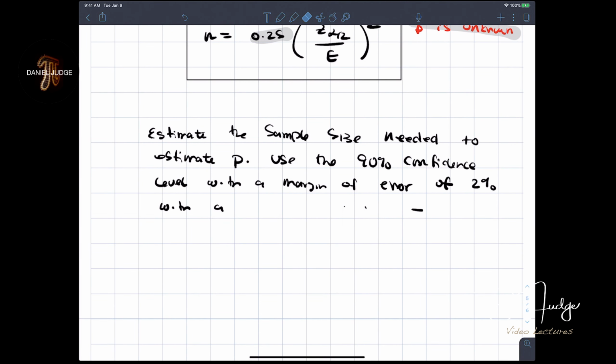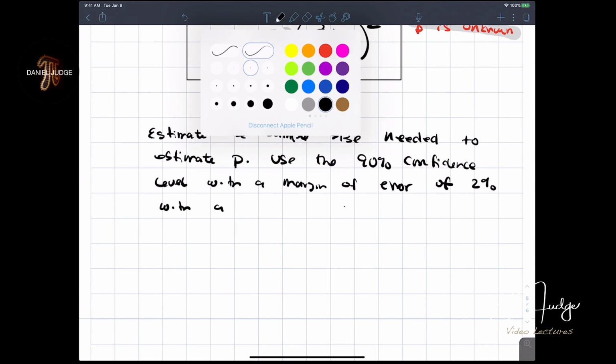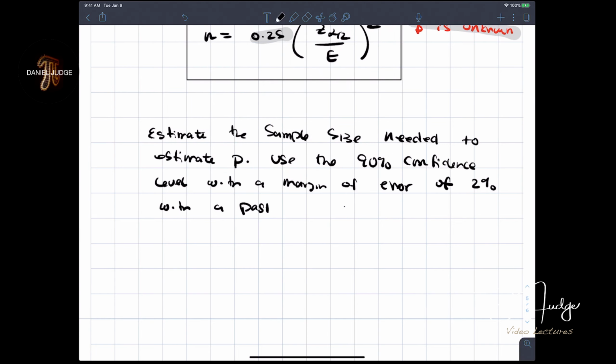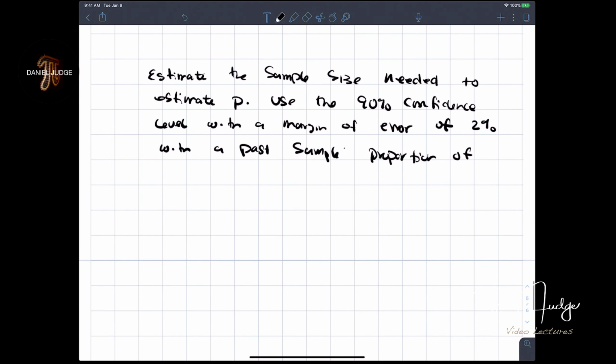We need a sample proportion from the past, with a past sample proportion of maybe 32%.